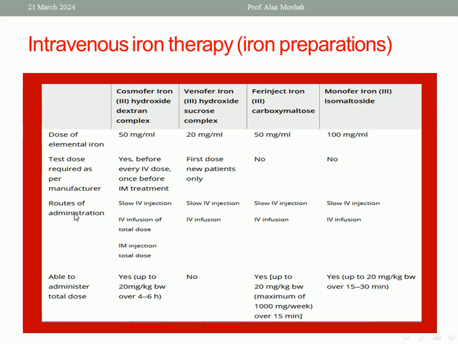For route of administration, dextran slow intravenous injection, sucrose slow intravenous injection. For carboxymaltose slow intravenous injection, also for isomaltoside slow intravenous injection. So infusion is given with slow drip.